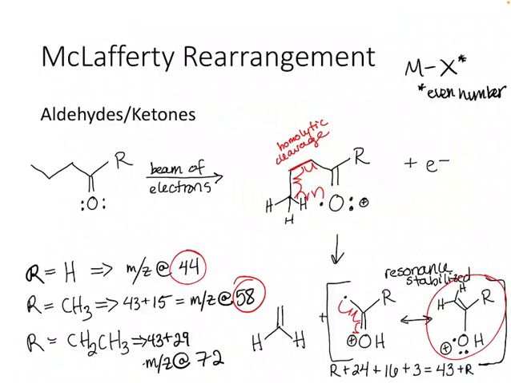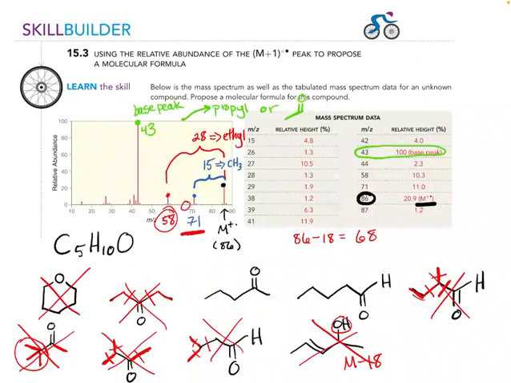If the R group is an ethyl group, we would have a peak at 72. So let's go look. We have a peak at 71, but not 72. So most likely, we have a carbonyl group where the R is a methyl group. So actually, that rules out aldehydes.